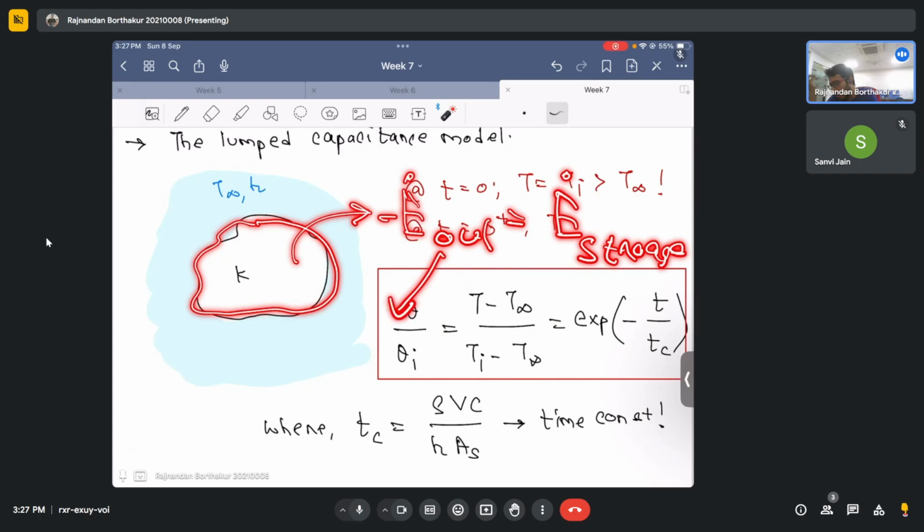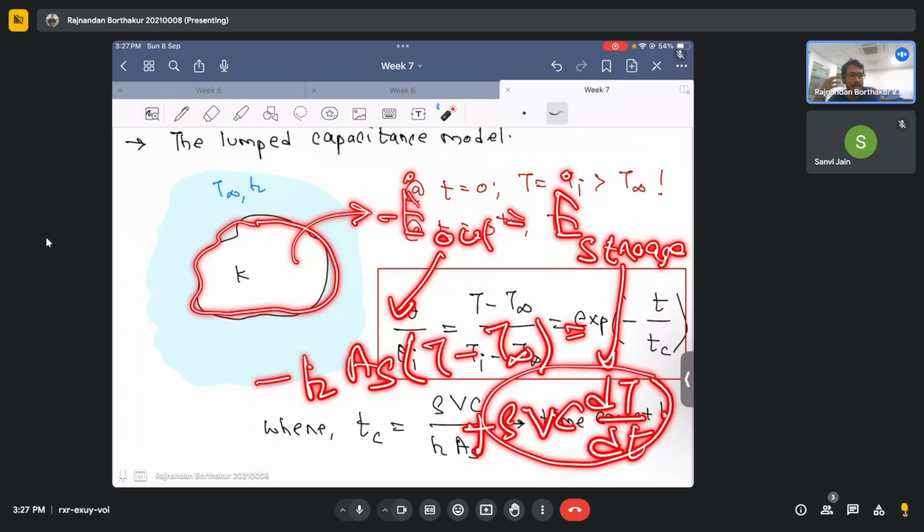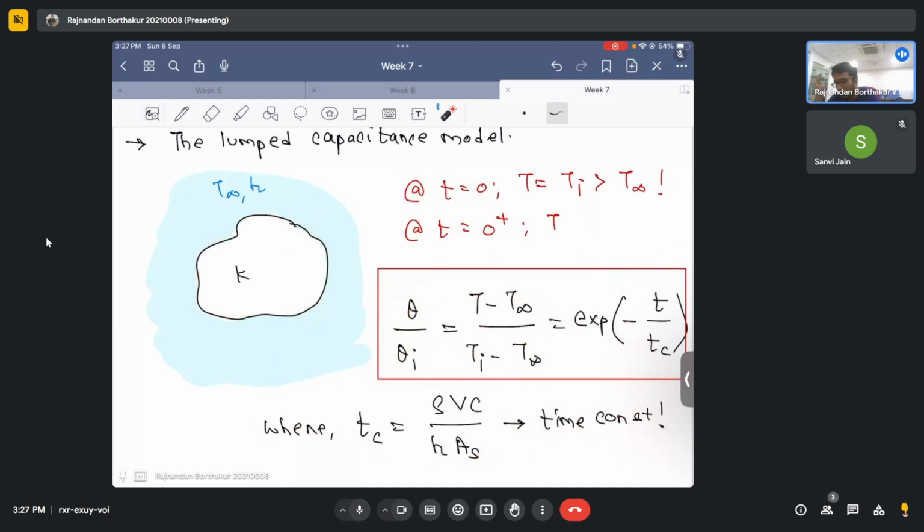E dot out is basically h times A times T minus T infinity, and this E dot storage is plus rho times the volume times the specific heat capacity times dT by dt. Basically, it's the rate of change of the stored energy. If you just integrate this governing equation, it's very straightforward, and you will end up getting this nice little expression of your lumped capacitance model, which dictates how your temperature is a function of time.